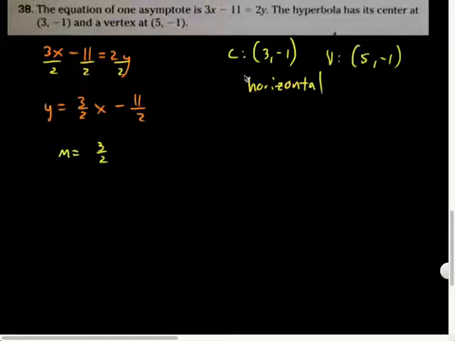What other value can we find out from this? The length of a. So a is going to equal the distance between those two. So a is 2. We just looked at the slope because it's supposed to be b over a for a horizontal hyperbola.